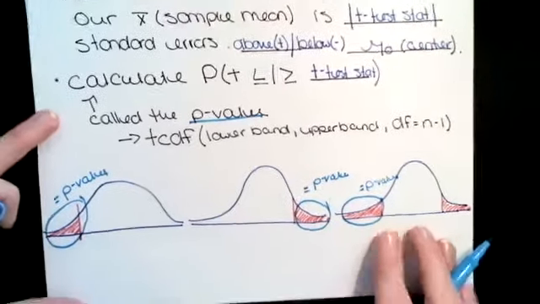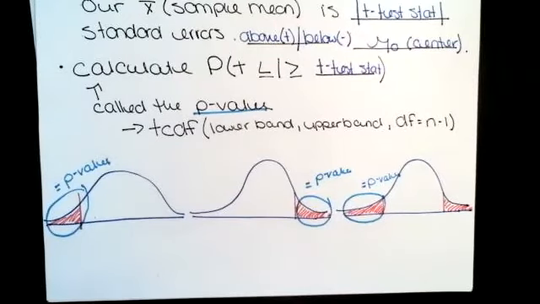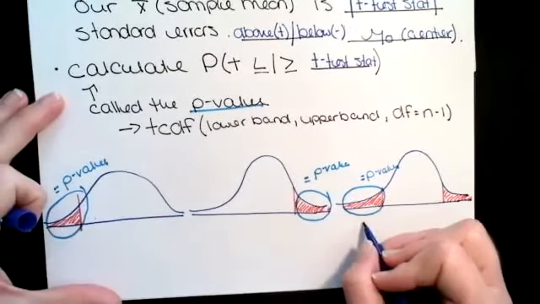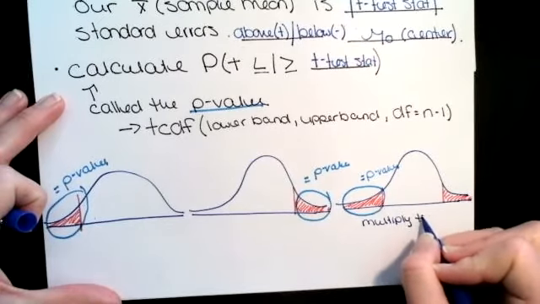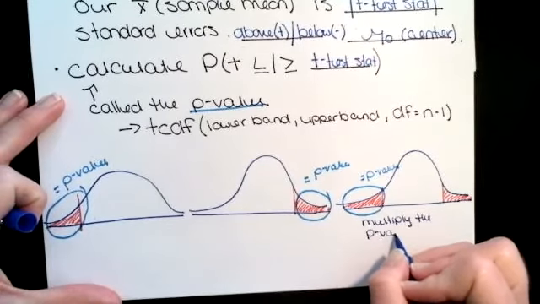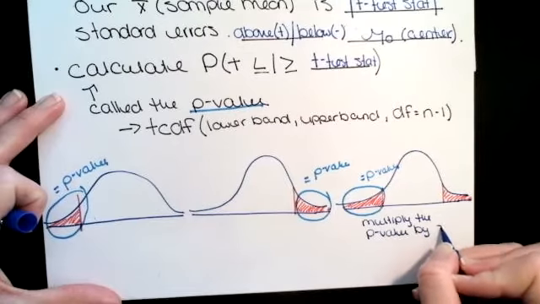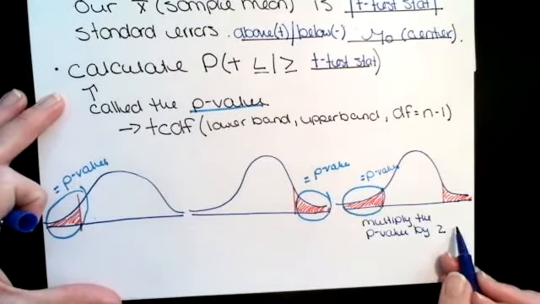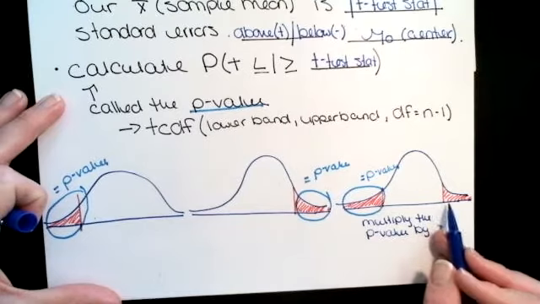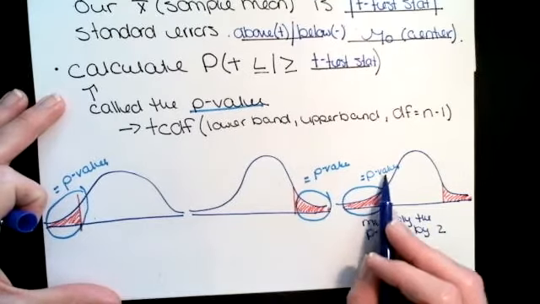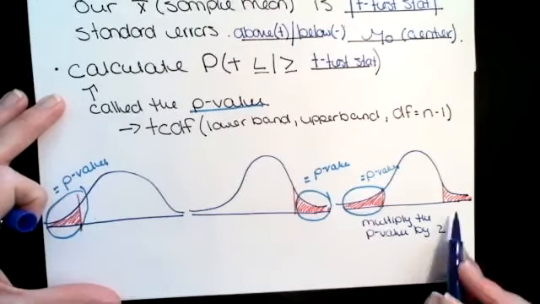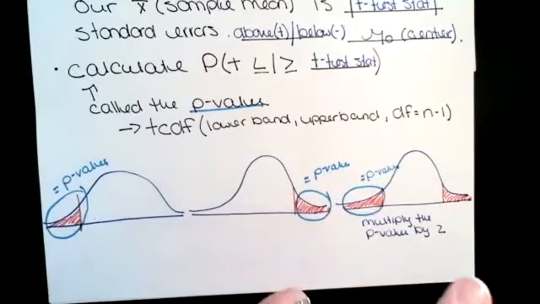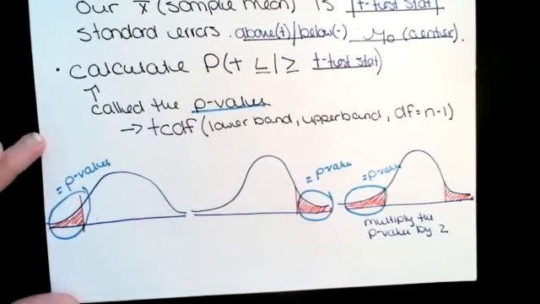So in this scenario, we multiply the p-value by 2 so we get the area in both tails. Our calculator will only give us the one tail, so we need to multiply by 2 to get the total area in the tails. We'll keep that in mind when we see that come up.